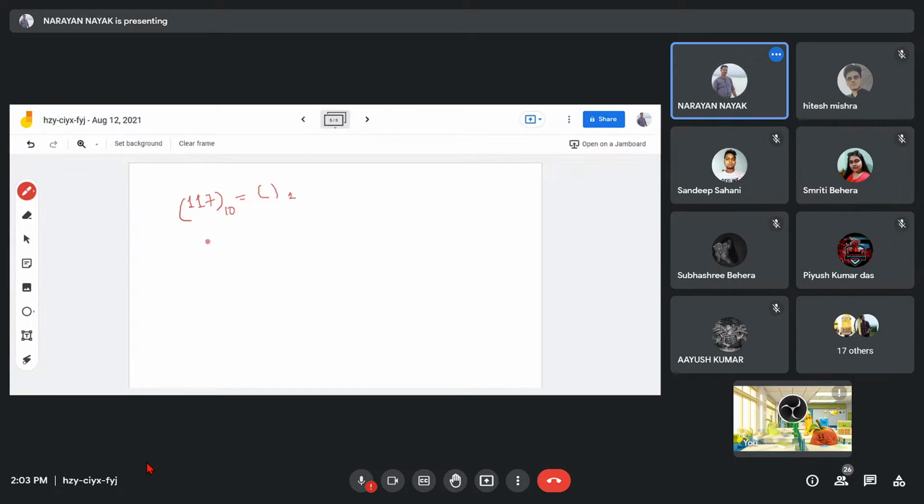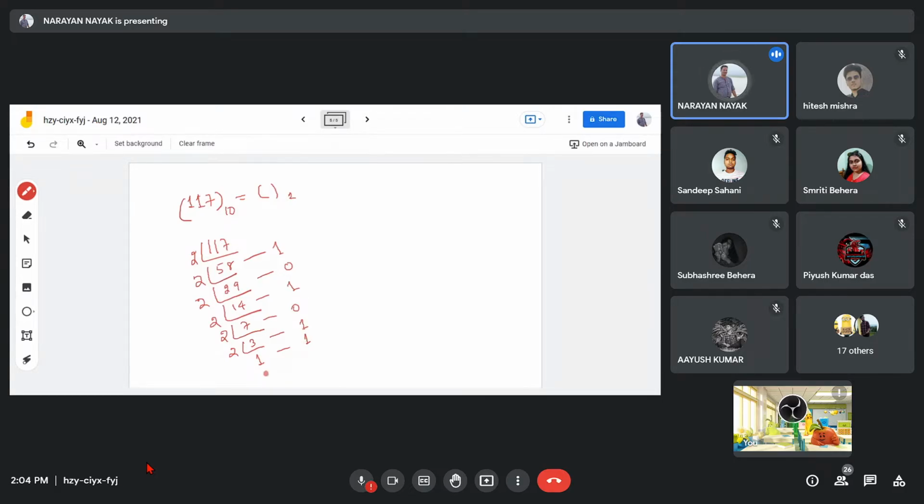You can do it this way also. 117 divided by 2 you have to do. 2 5s are 10, 2 8s are 16, the remainder is 1. 2 2s are 4, 2 9s are 18, remainder 0. 2 1s are 2, 2 4s are 8, remainder is 1. 2 7s are 14, remainder 0. 2 3s are 6, remainder is 1. 2 1s are 2, remainder is 1.